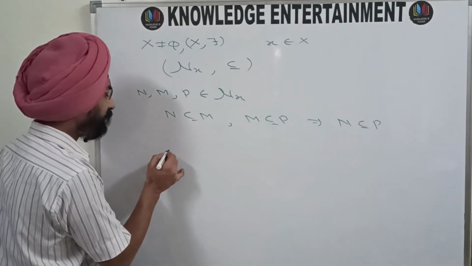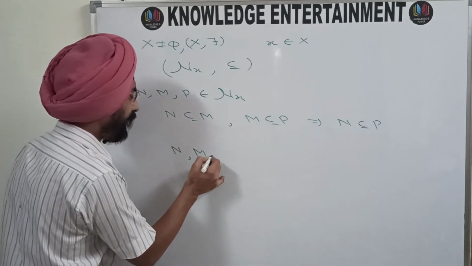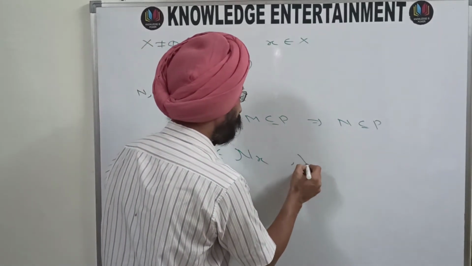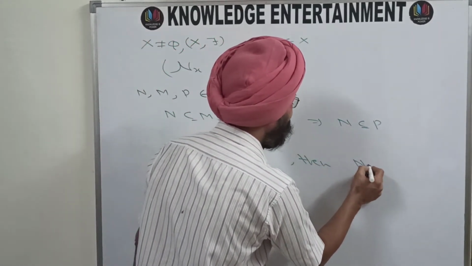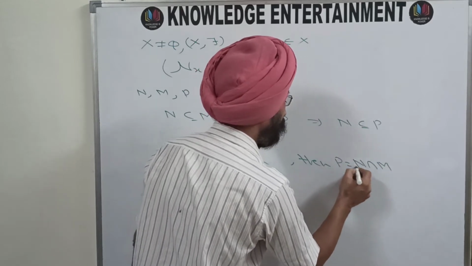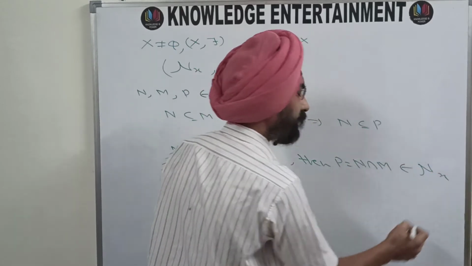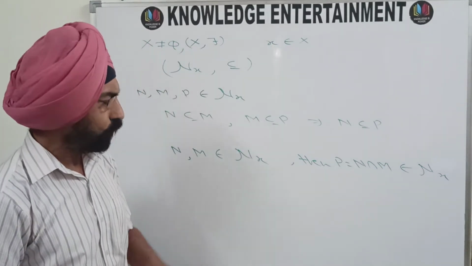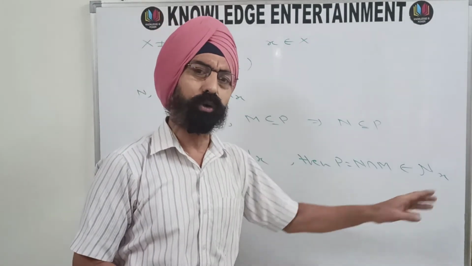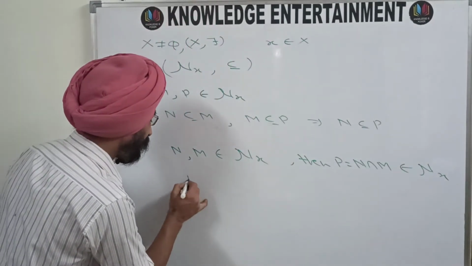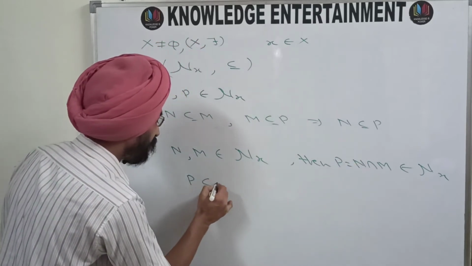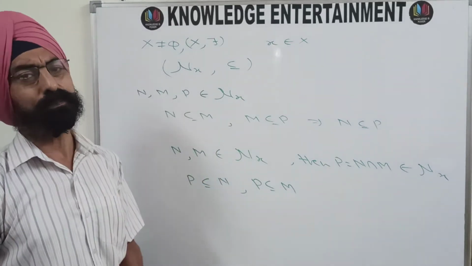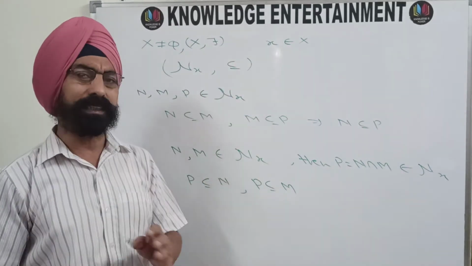Thirdly, if N and M are two neighborhoods of X, then N intersection M, that means P, is also a neighborhood of X. The intersection of two neighborhoods of X is also a neighborhood of X. So this P, that means N intersection M, is a subset of N and is also a subset of M, that means P follows N and P follows M. So all the three properties are once again satisfied.